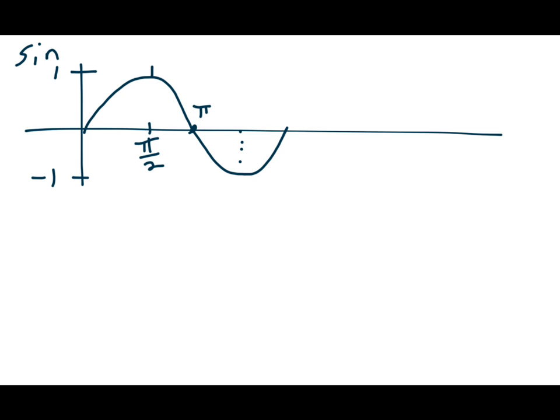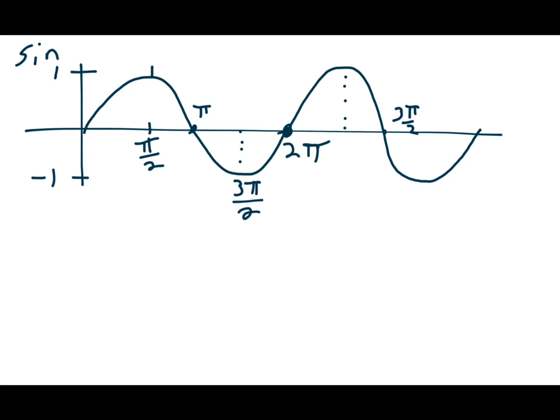Then when we come all the way back around the circle, we're at 2 pi. It repeats itself over and over again, so it's just going to do that again. This would be 3 pi, and 4 pi. And it just keeps repeating.